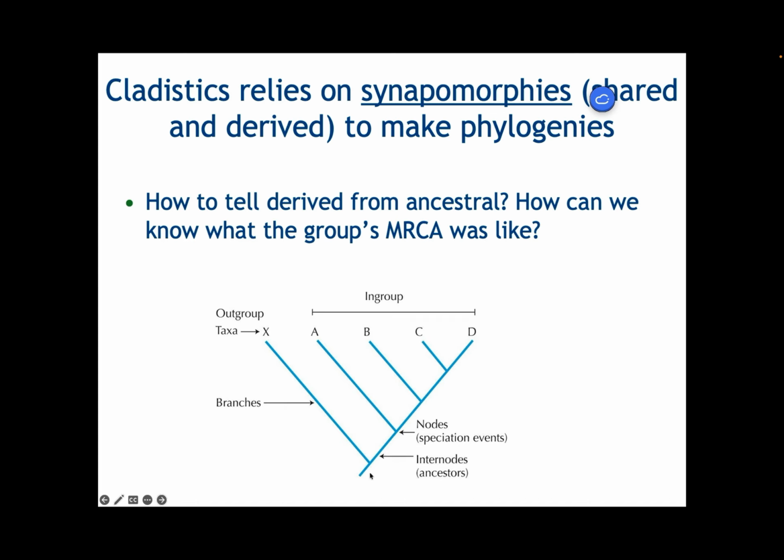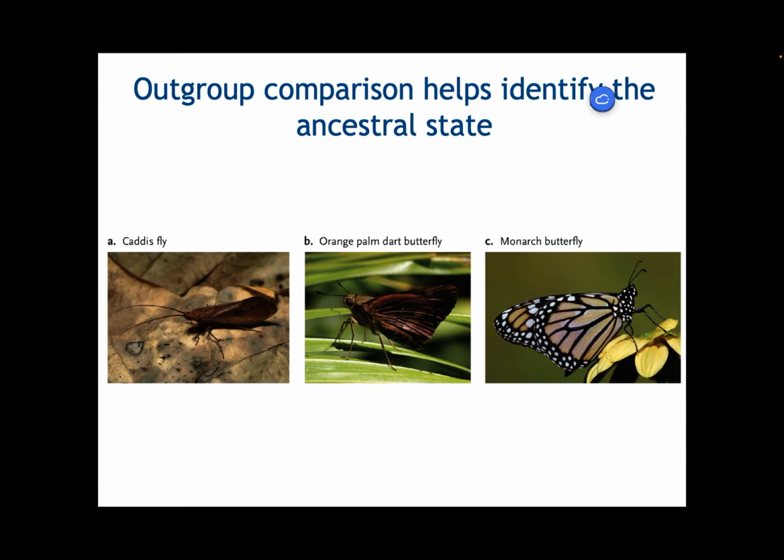That is, did the most recent common ancestor of this whole group probably have the trait? Is it an ancestral trait? Or did the most recent common ancestor of the whole group probably not have the trait, and so it's derived? Ancestral versus derived. And so imagine that you were wanting to make a phylogeny, reconstruct evolutionary relationships among different species of butterfly.